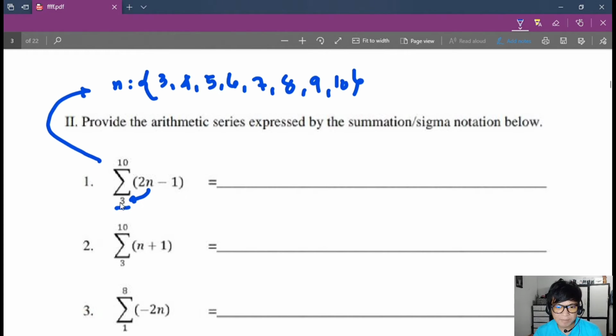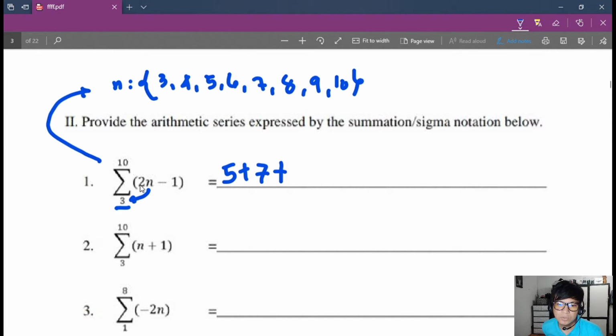So ang first term natin is when n is equal to 3, so that is 2 times 3 is 6 minus 1 is 5. So our first term is 5 plus 3 times, 4 na tayo, 4 times 2 is 8 minus 1, 7.